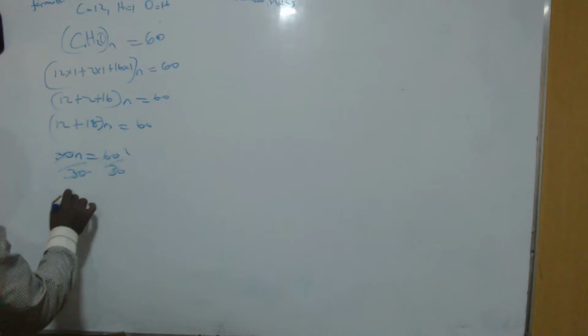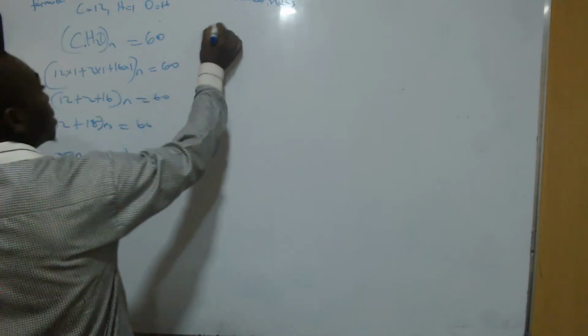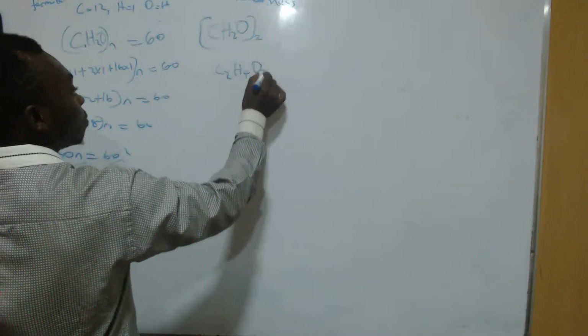Here this is 30, so N is equal to 2. Now, all you need to do, remember this is your N, so you just come here. This is C2H4O2. Got the answer. Very easy. C2H4O2. And that is a very simple way of finding it once you bring in the relative molecular mass.